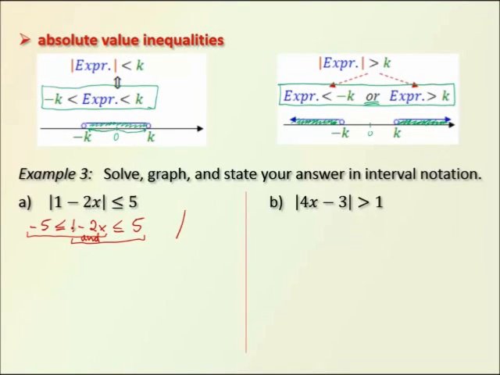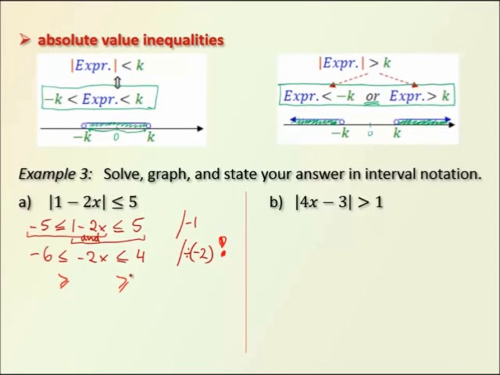We are going to subtract 1 first. So this will be -6 smaller or equal to -2x smaller or equal to 4. Then we wish to get rid of -2, so let's divide by -2. Remember, when you divide by a negative number, red alert, we switch the inequalities to the opposite.